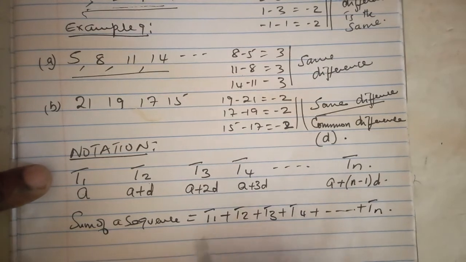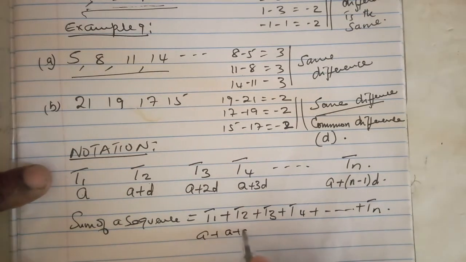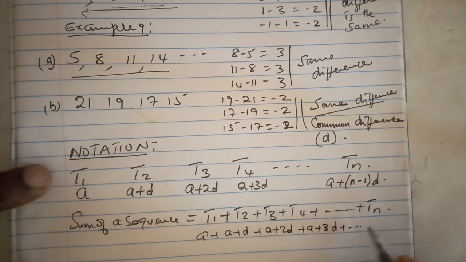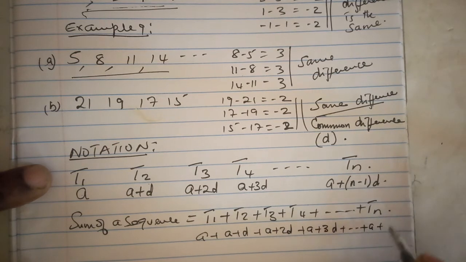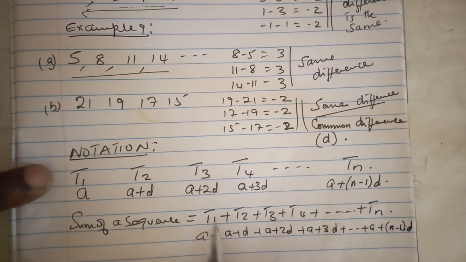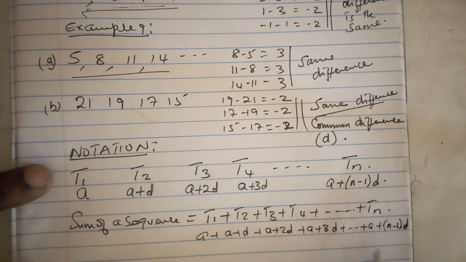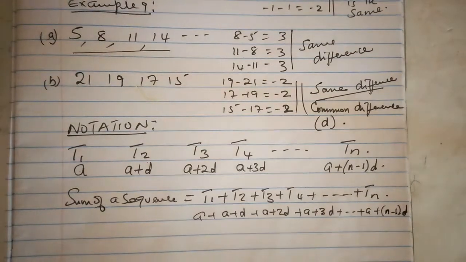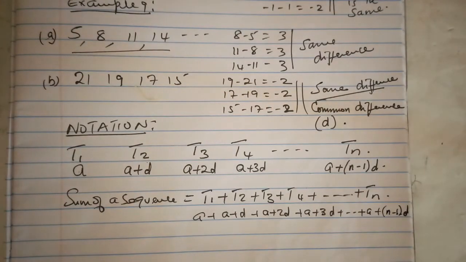And how do we go about this? A plus d plus a plus 2d plus a plus 3d and so on, plus a plus n minus 1 d. That is term 1, term 2, term 3, term 4, and the last term. We are going to see how this one is executed in example 10.